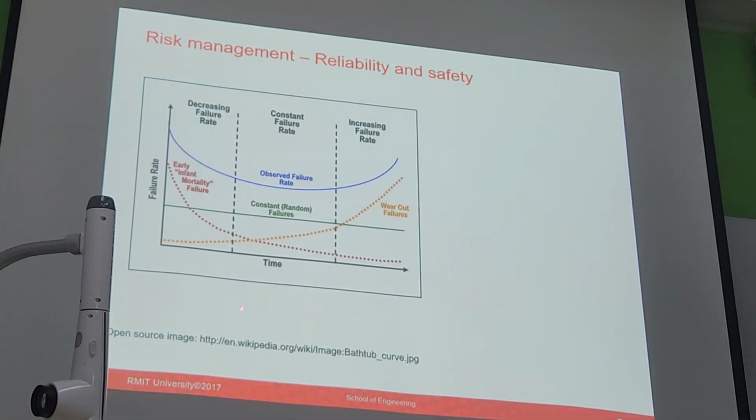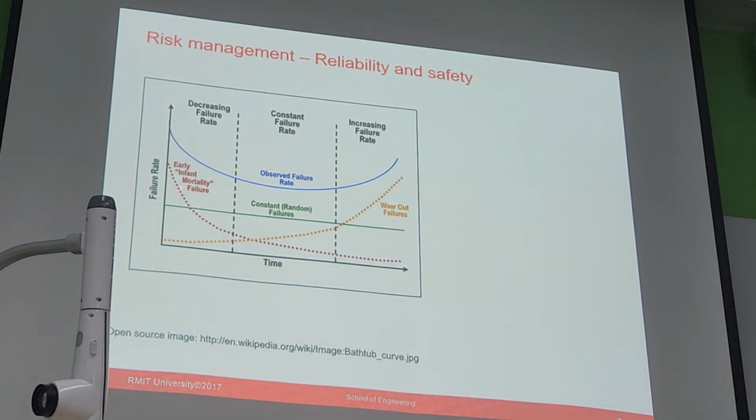This picture shows how the failure rate changes during the time. As you can see, earlier failure is increased and then becomes late.